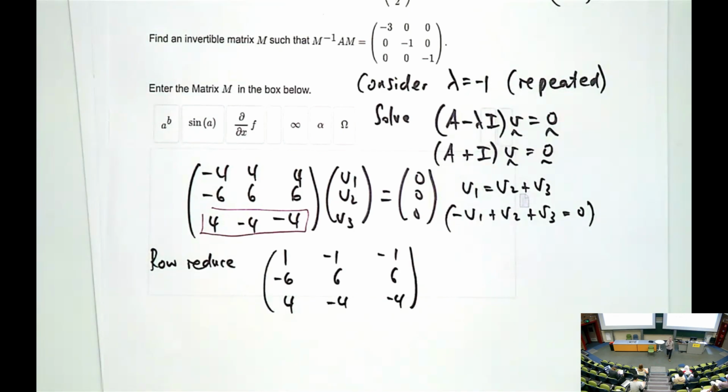Okay, so let's go back to Math 1131. What row operations can I do to make it simpler? Maybe row 2 plus 6 row 1, and row 3 minus 4 row 1.